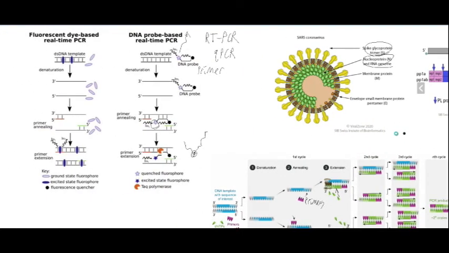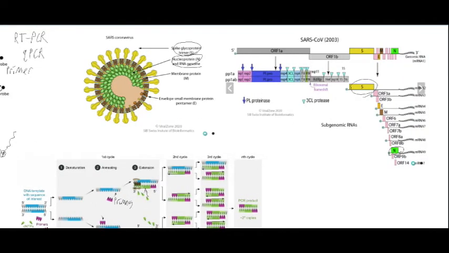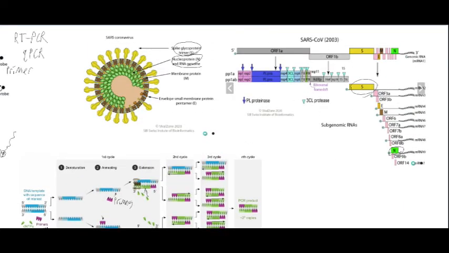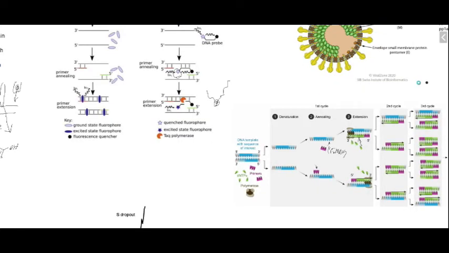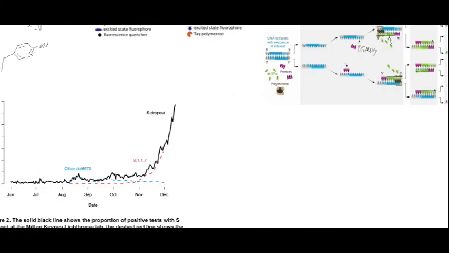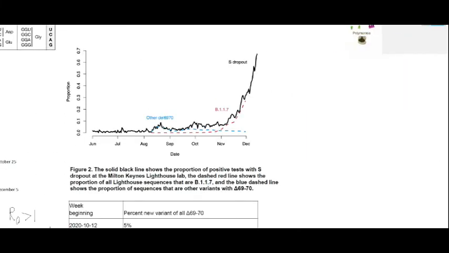The DNA probe doesn't actually bind to the genome, the S protein DNA. It stops binding to it. The DNA probe can't bind to it, and so they can't see this process going on. They can't see the increasing concentration of the DNA through PCR, and so they call that the S dropout here.